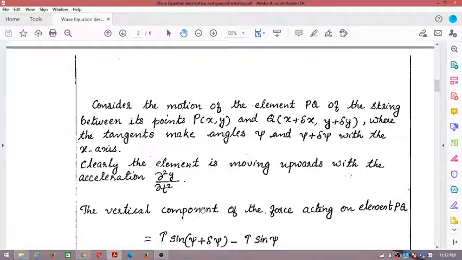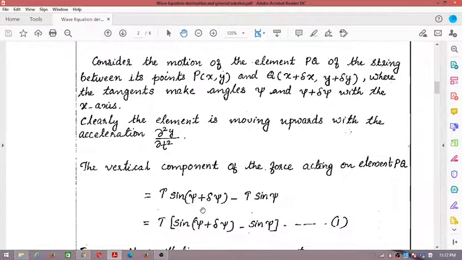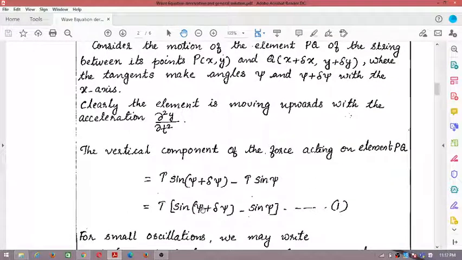The vertical component of the force acting on element PQ is given by T sin(psi plus delta psi) minus T sin(psi). We can take the constant T outside, then the force is given by T times [sin(psi plus delta psi) minus sin(psi)].